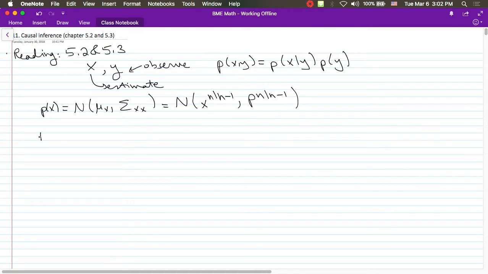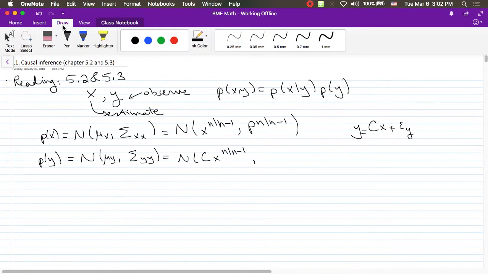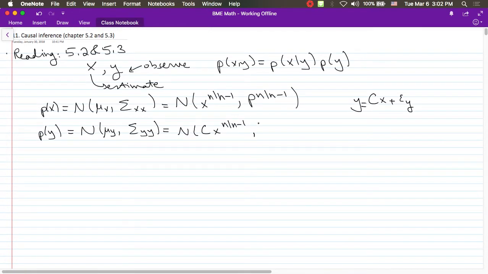And then we make an observation, p of y, that has also some mean and some variance. In the case of our typical equation where y is equal to cx plus epsilon y, this is a normal with a mean c times x of n given n minus 1, the prior, and the variance of that equation, which is c times p of n minus 1, c transpose plus r.